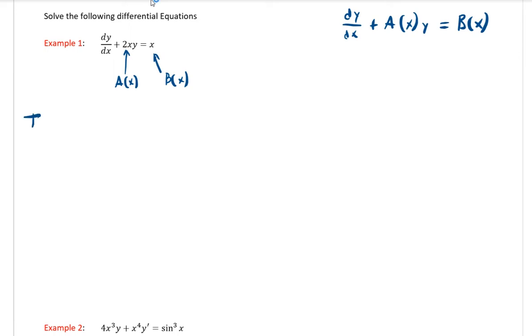So I'm going to solve for what I(x) is, and that should be e to the integral of a(x) dx, where a(x) is 2x, this piece right here. So that means I have e to the integral of 2x dx. That's a pretty simple integral. That's e to the x squared.